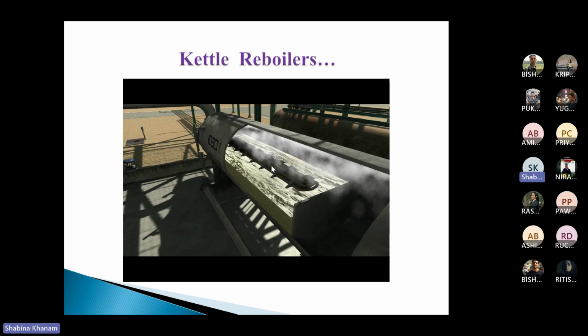So please see, you can see the baffles are there, but these baffles do not contain any cut.